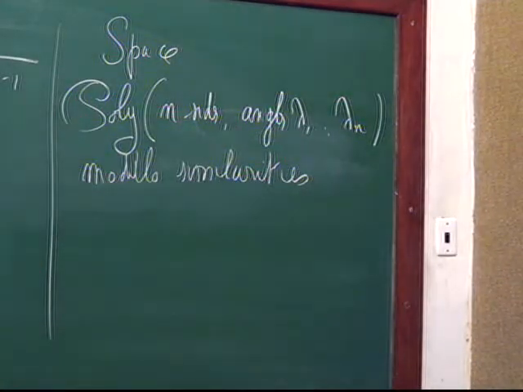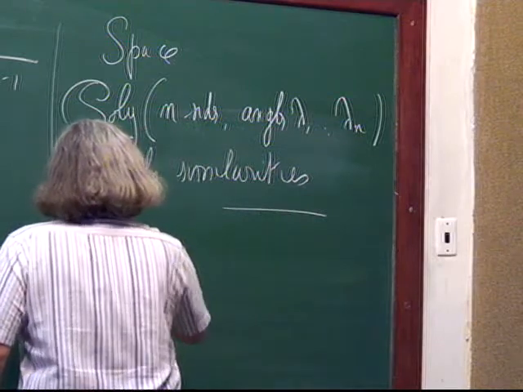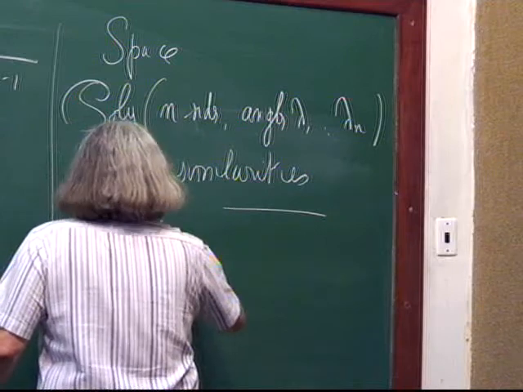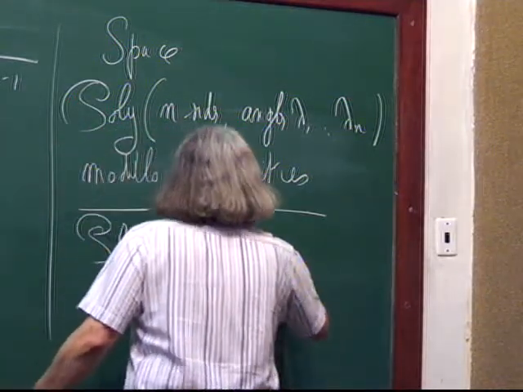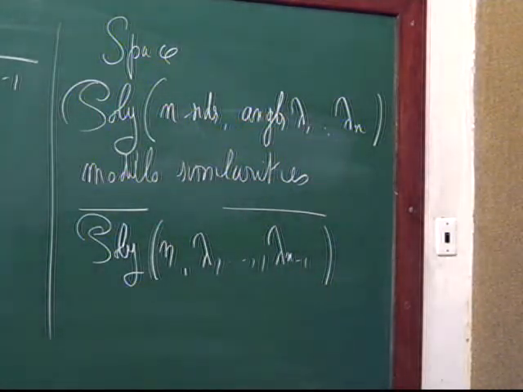And exactly as before, this space can be compactified by adding to the boundary of it polygons with fewer sides, like n minus 1, n minus 2, etc. So this space can be compactified, let's say polygon n bar. And this compactification, again, is a simplex.